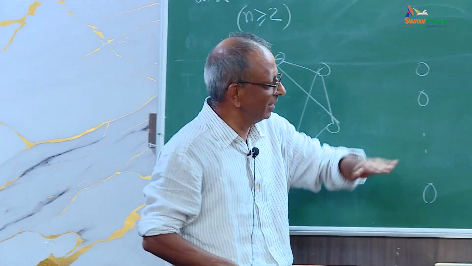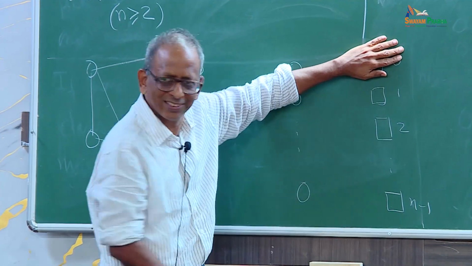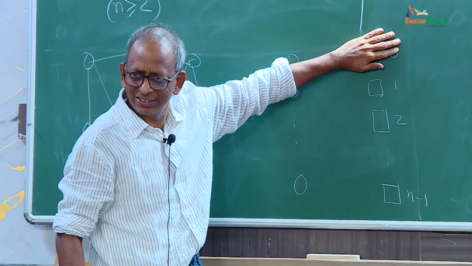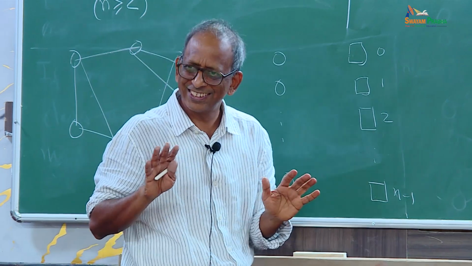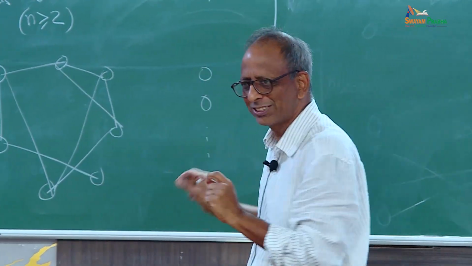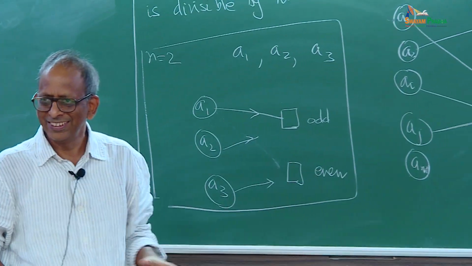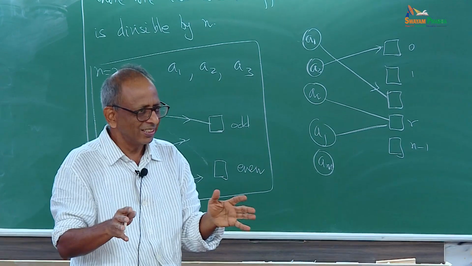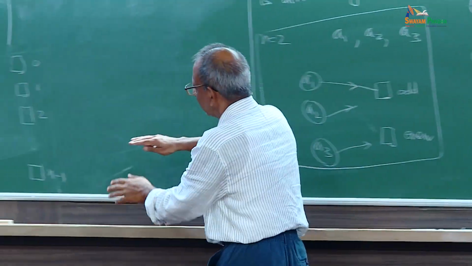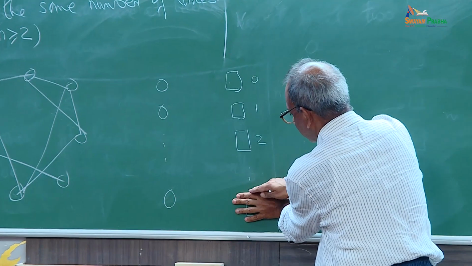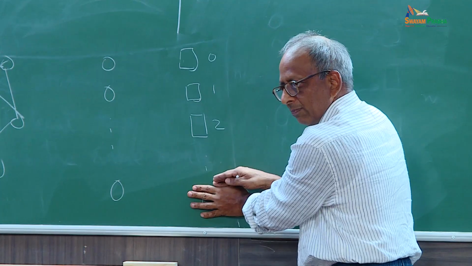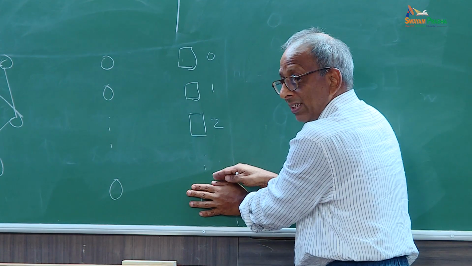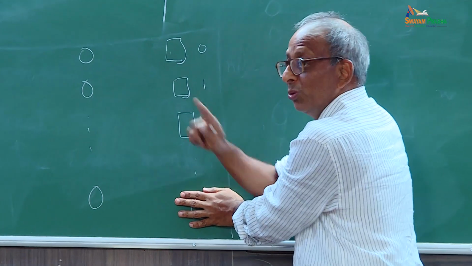So in any party, either the bins are this or that. Is this clear? It's a little twist on our old formula. If you take any party, either the bins are this till n minus 2, which happens when there is somebody who has refused to shake hands.